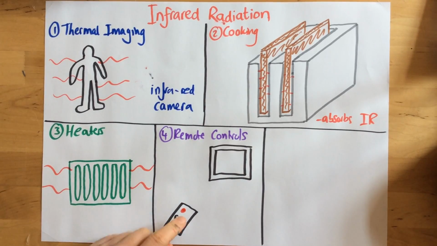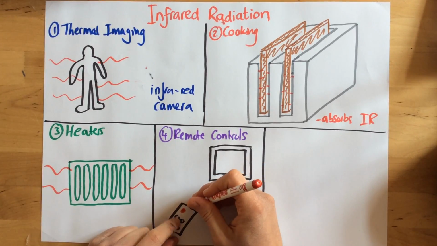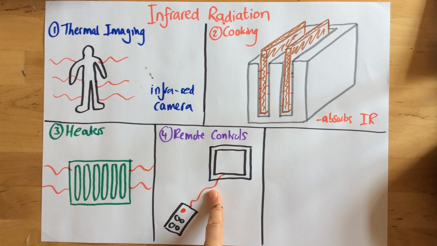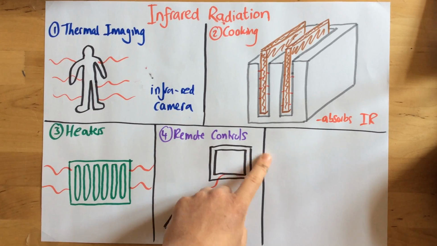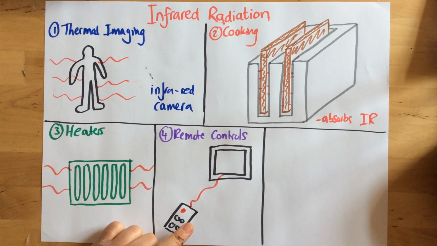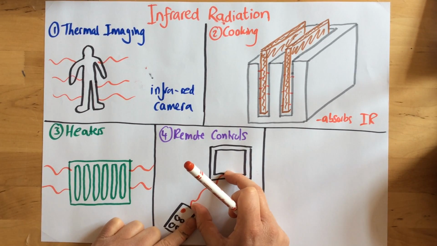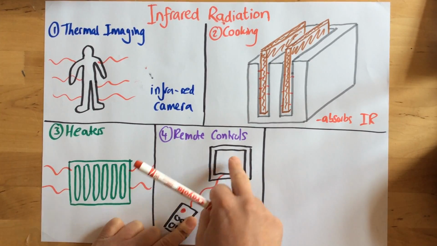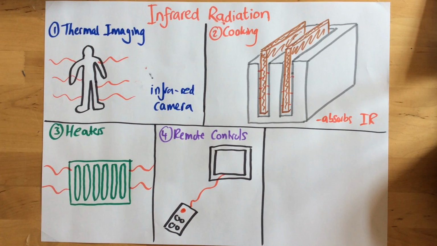When you press the buttons on your remote, it emits infrared radiation, which can then be picked up by a receiver within, let's say, your television. The reason why it works for this is that the distances need to be fairly small, and it must be in the line of sight. So you can't really turn on and off your TV for devices that are next door, for example.